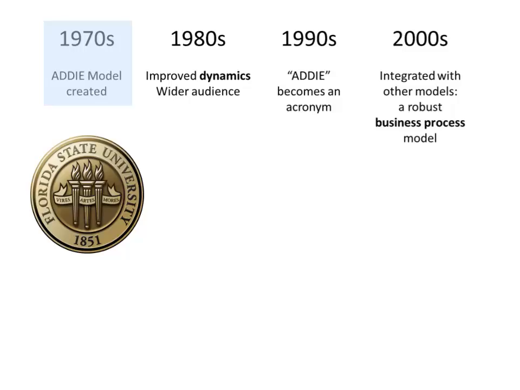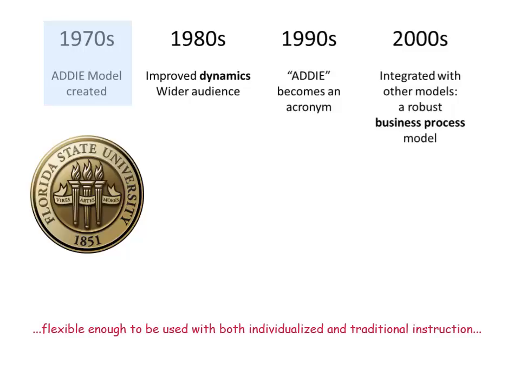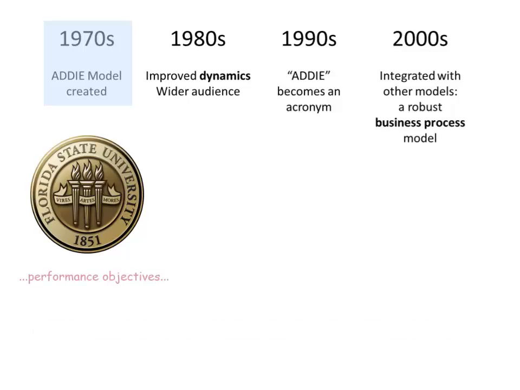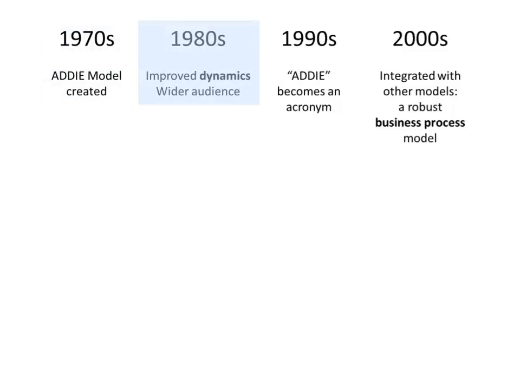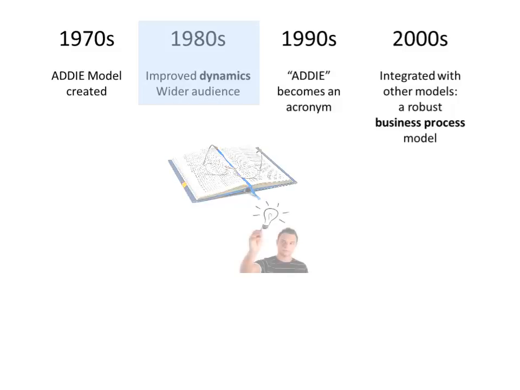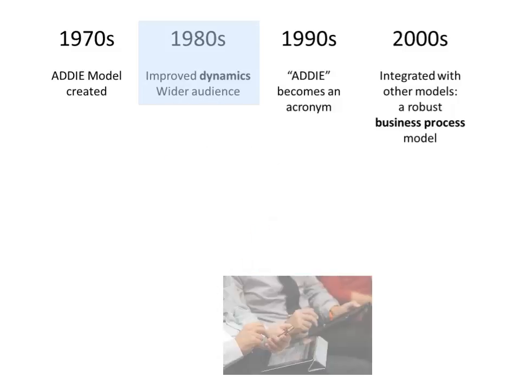The Army needed instructional systems development, and ADDIE was developed at first to meet that need. Flexible enough to be used with both individualized and traditional instruction based on behavioral and performance objectives, not simply knowledge retention. In the 1980s, ADDIE was adopted in a wide variety of areas. Anything that needed to be learned could be filtered through an ADDIE process.